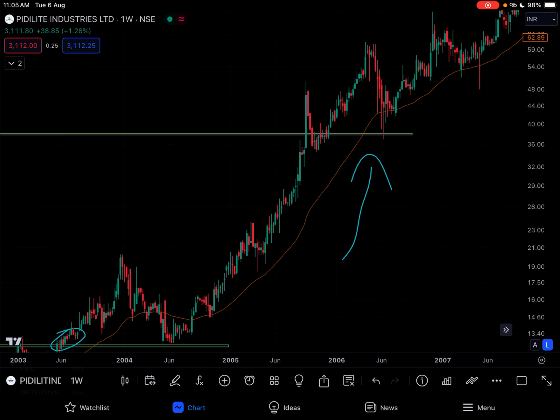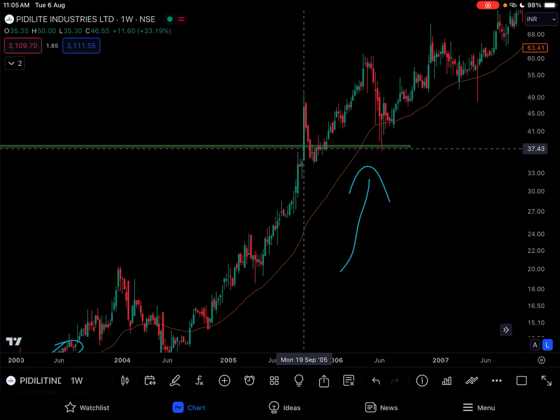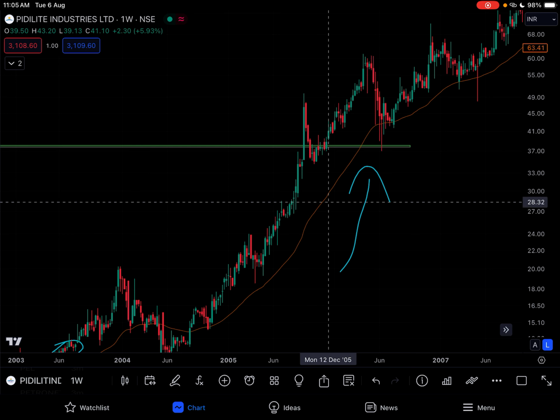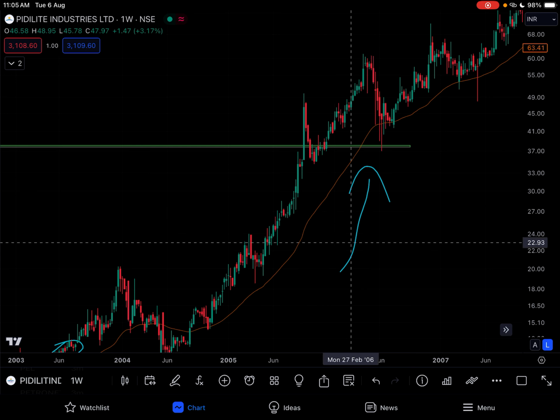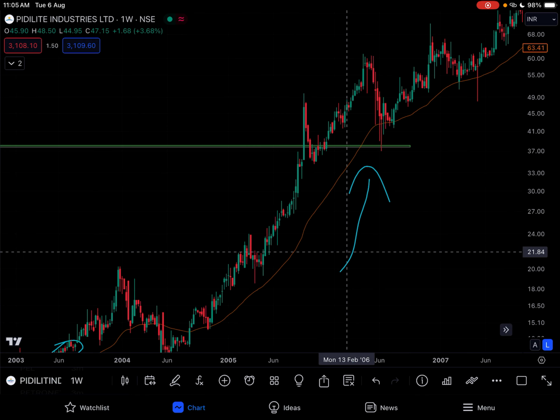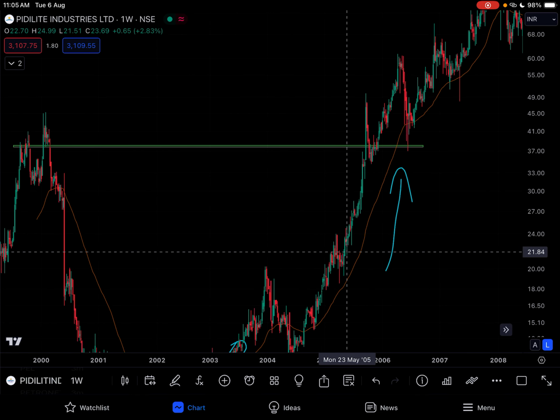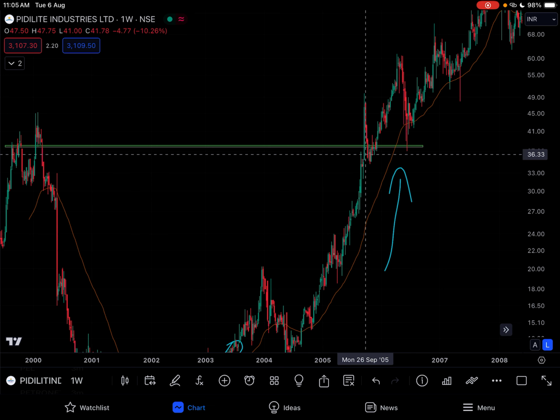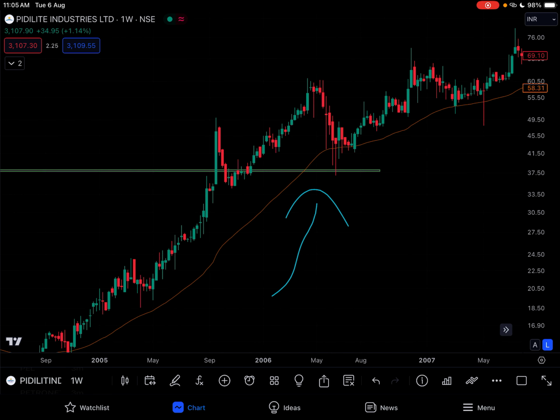So entering at this current level is a little bit risky, so we will wait for a perfect retest and we will try. That's my view. Here maybe you will confuse this as the retest.